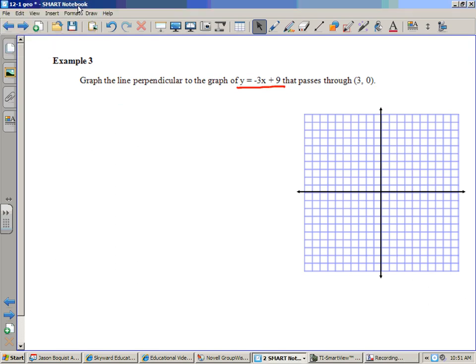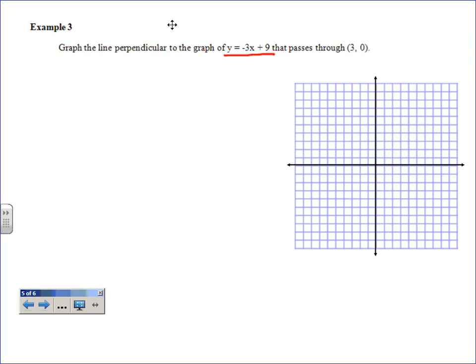All right, I think I gave you enough time for that. What form is that line in right there? Slope-intercept, which means your y-intercept is 9, and your slope is once again negative 3, which we could write as negative 3 over 1. This problem is actually asking for something else, but we're going to graph this line first just so we get a look.